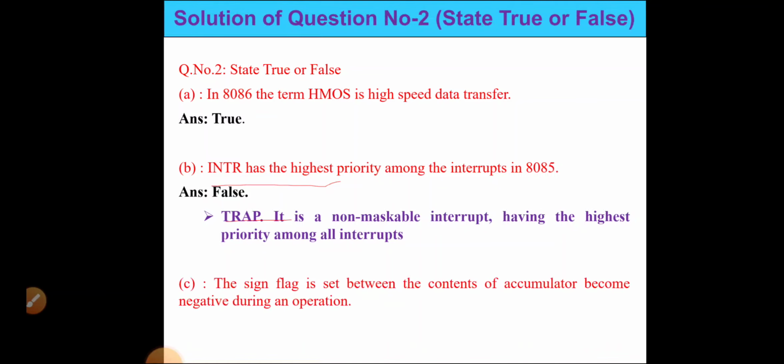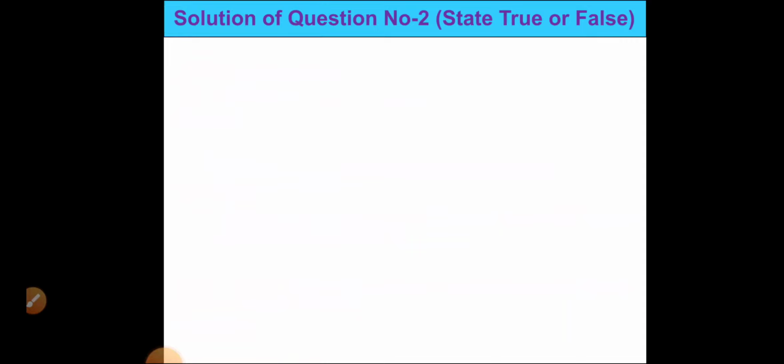Okay. Next, the sign flag is set when the content of the accumulator becomes negative during an operation. This statement is true. Yes, the sign flag is set when the content of the accumulator becomes negative during the operation. Next, port B of 8255 can be used as a 2 port.